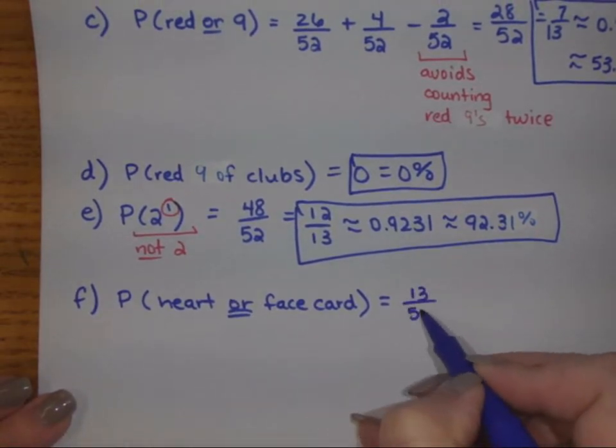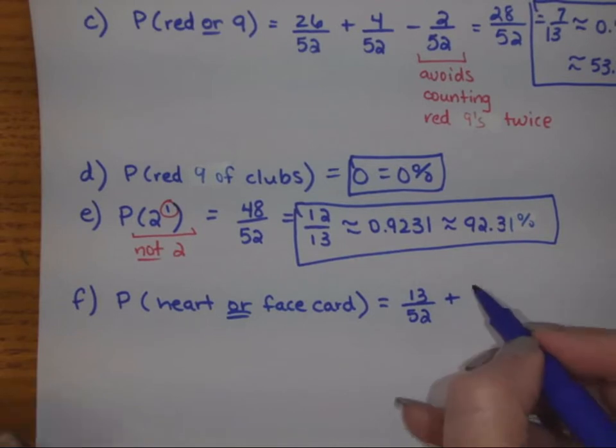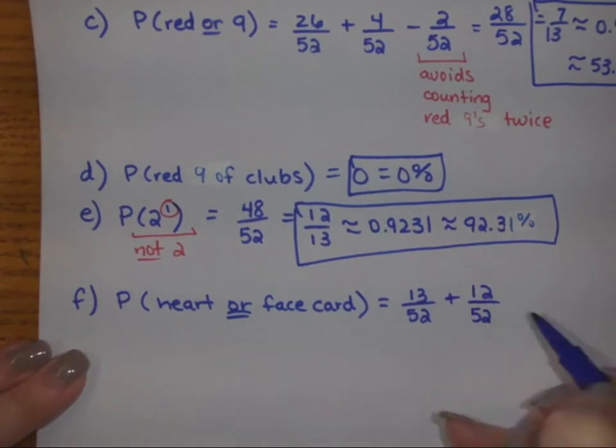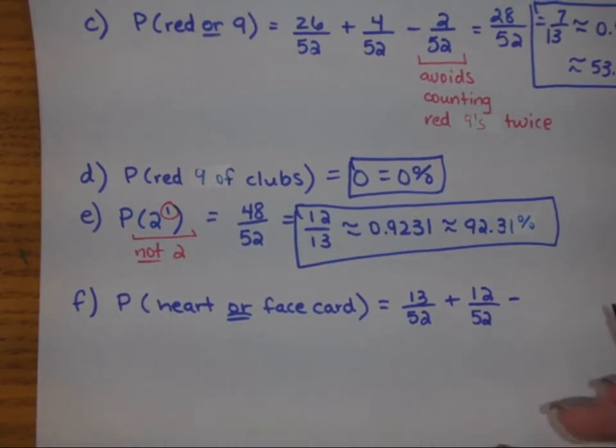There are 13 hearts. Face cards are anything with a face, so that would be any jack, queen, or king, so that would be 12 out of 52. Okay, but then we have to subtract off those that are both, so we need to subtract off the hearts that are face cards, and there's 3 of those.